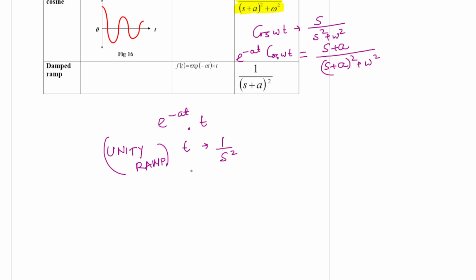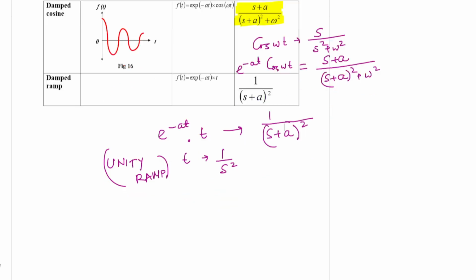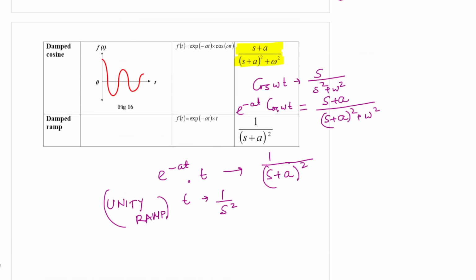The Laplace transform of a unity ramp is only 1 by s square. If it is contaminated with the decaying exponent, it will become 1 by s plus a whole square. That means s is to be shifted. The overall function should not be shifted as a whole, but that s term should be shifted by that amount. So we have seen a few important properties and their application for some standard signals.